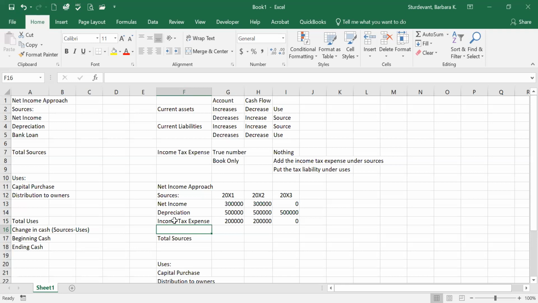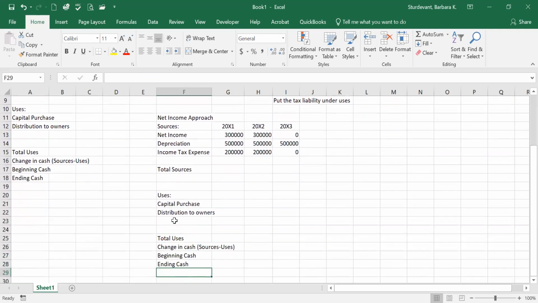All right, let's go down. The first thing we're going to do is put in that tax liability, because they told you that's what was actually paid.